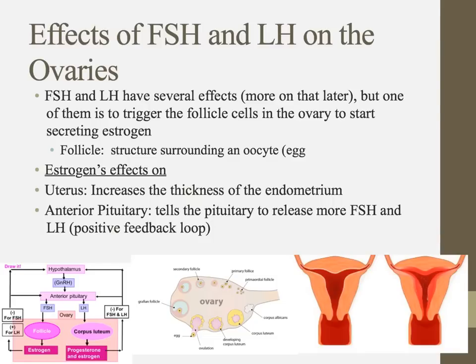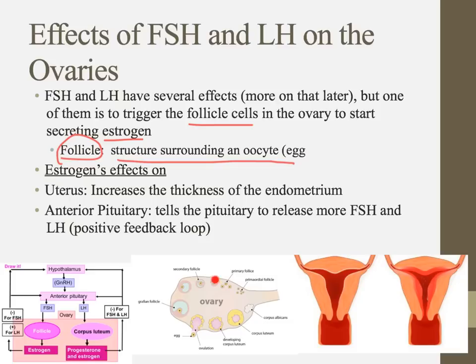Now, LH and FSH have several effects, and we'll talk a little more about that in a bit. But one of them is to trigger the follicle cells in the ovary to start secreting estrogen. When I say a follicle, I mean the structure surrounding an oocyte, or an egg. So if we're looking down here, these developing oocytes are going to have this structure surrounding them called a follicle.